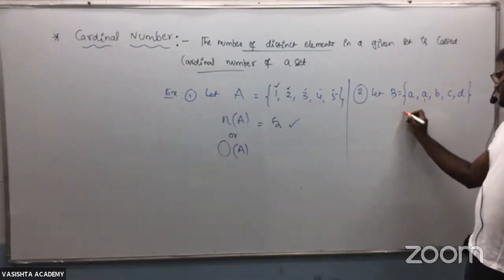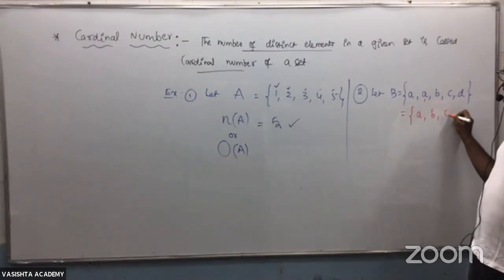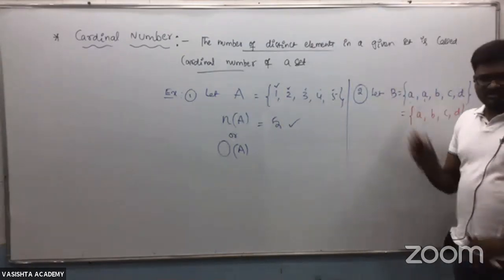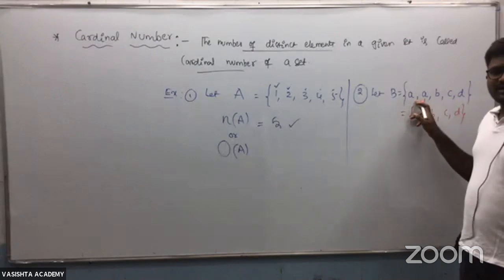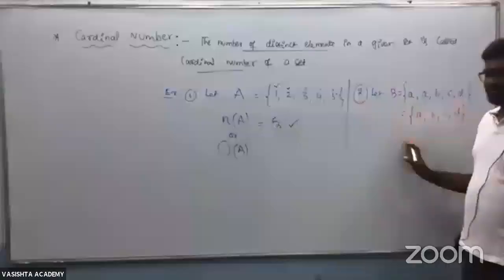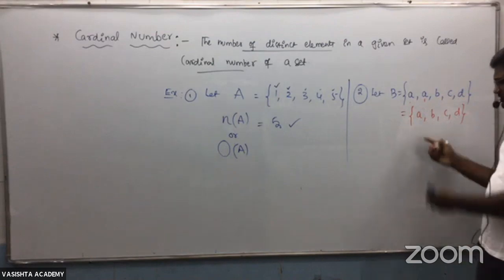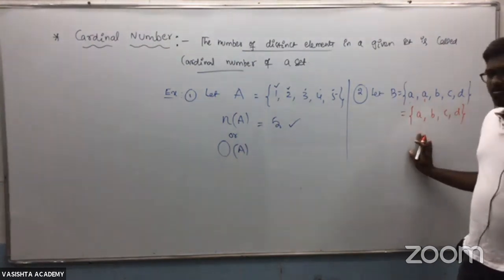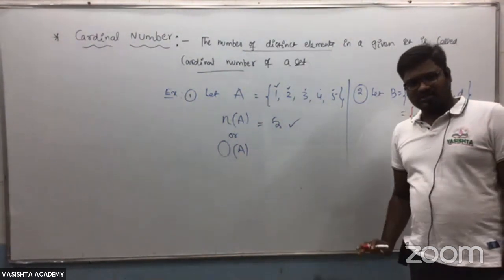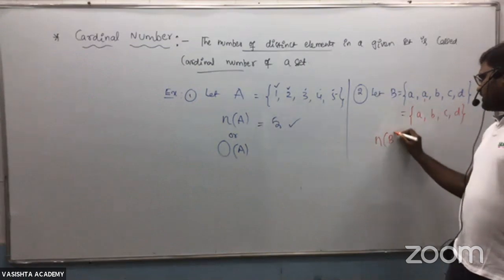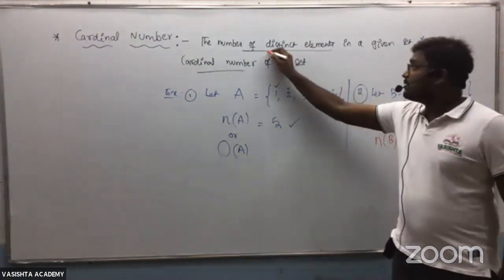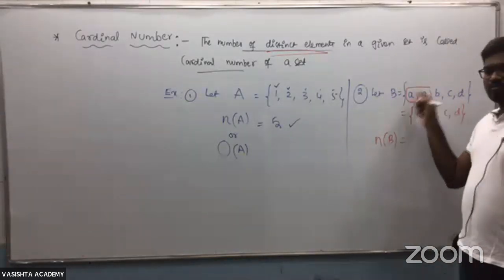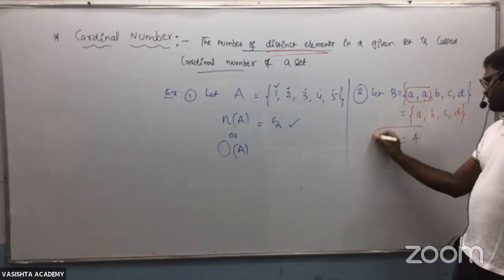Even if you write A n number of times, it doesn't matter. That's why in set theory, we usually write an element only once. So now, what is the n of B here? Number of distinct elements. If you write 1, 2, 3, 4, 5, it will be wrong, because A and A both are same. So what will be the cardinal number? 4.